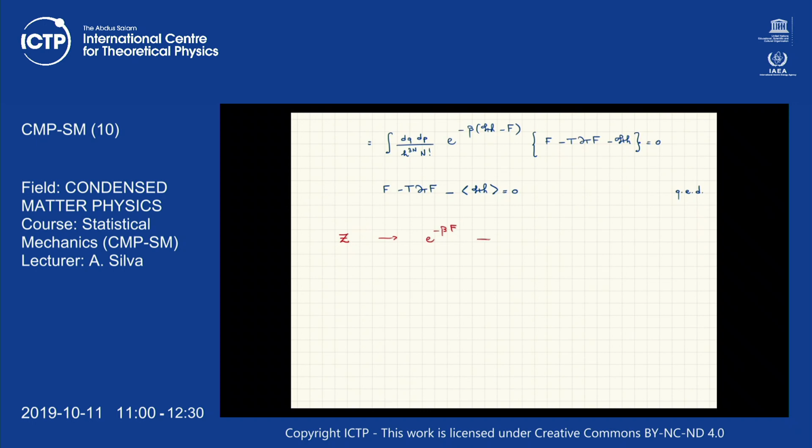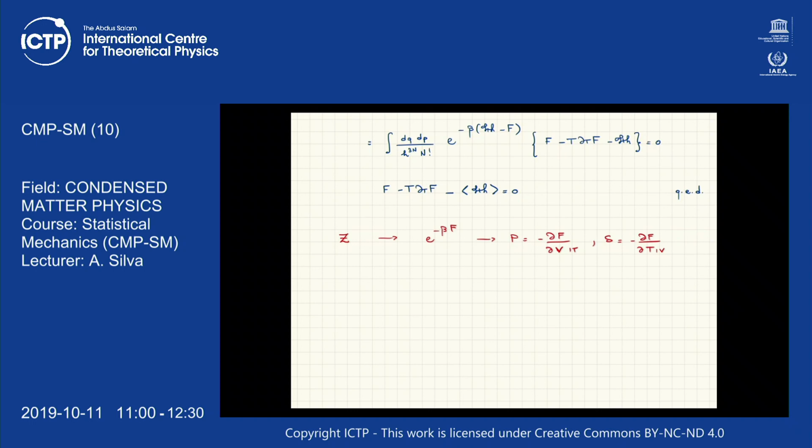From the free energy, you can compute the pressure, which is minus dF/dV at constant temperature. You can compute the entropy, which is minus dF/dT at constant volume, and then you can start playing with Maxwell relations and do all sorts of interesting things. You can build all thermodynamics from this function of this particular system.